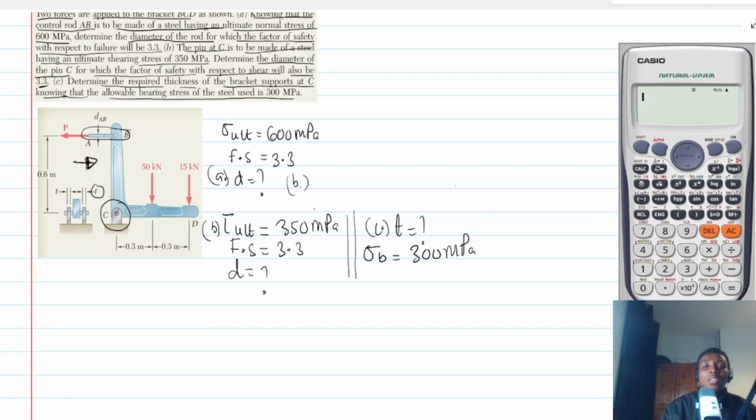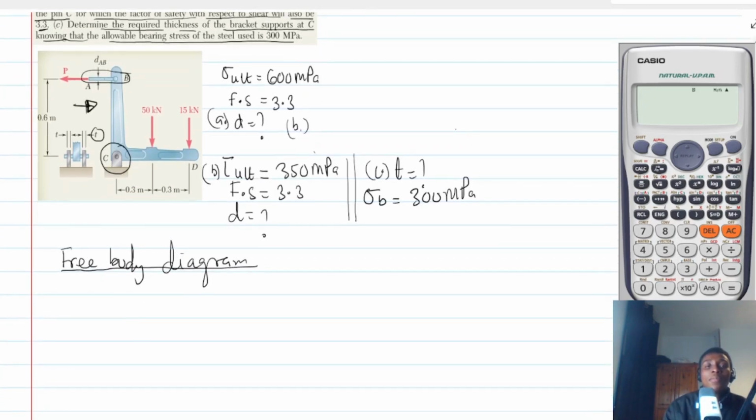We have to start from statics. So the first thing to do is to draw your free body diagram. Okay, so free body diagram is very important in mechanics, is to always draw your free body diagram.